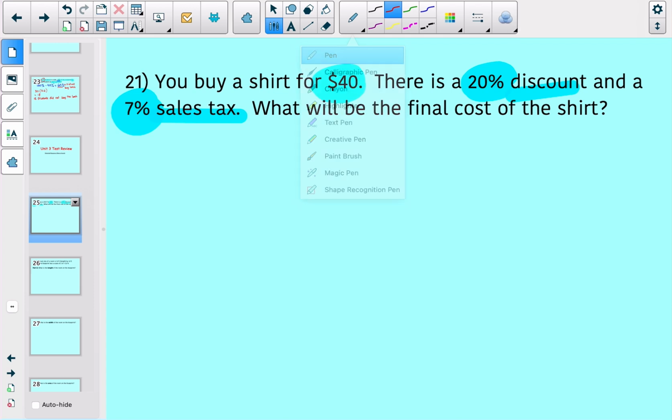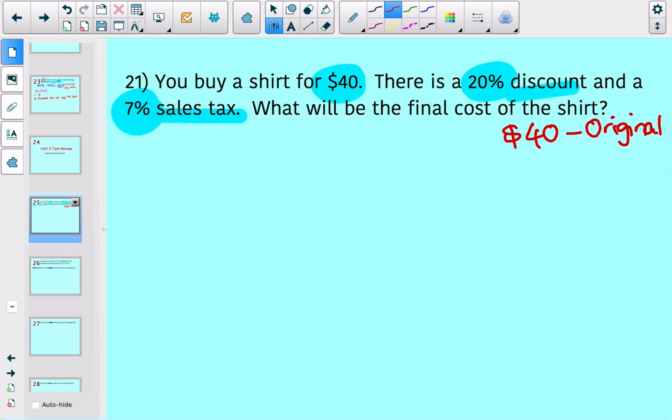So again, I just want to write my game strategy. I have my original price, which is $40. Then I have to calculate my discount amount, and I have to take this from the original so that I can get my sale price.